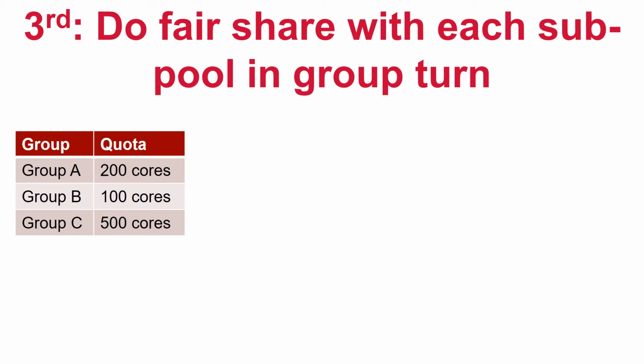Now, let's say Group C contains 3 submitters, maybe Danny, Edgar, and Fran, and they have a limit of 500 cores in the group. The negotiator tries to assign 500 resources to these 3 as if they were the only submitters in a pool of 500 cores.